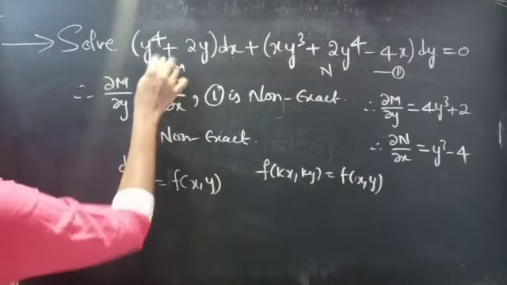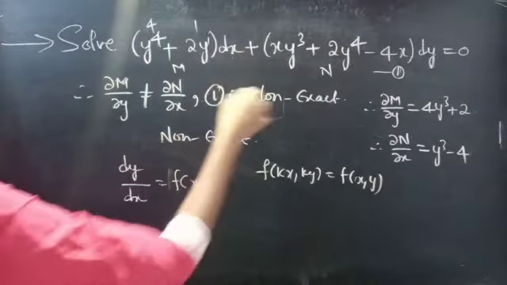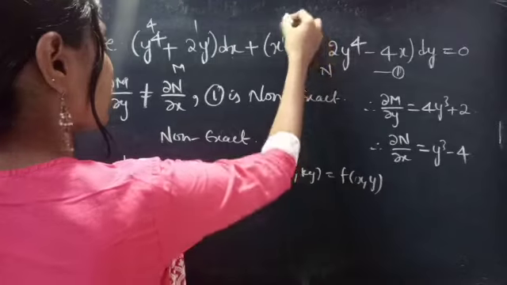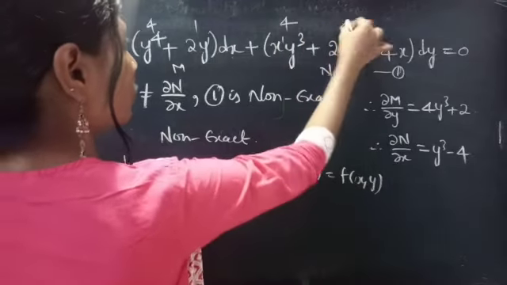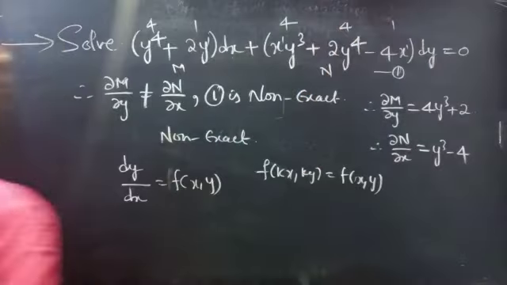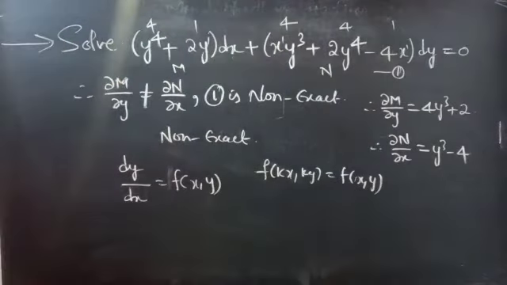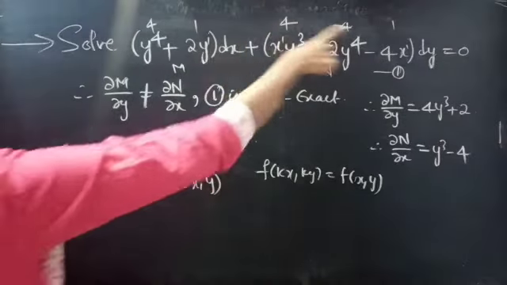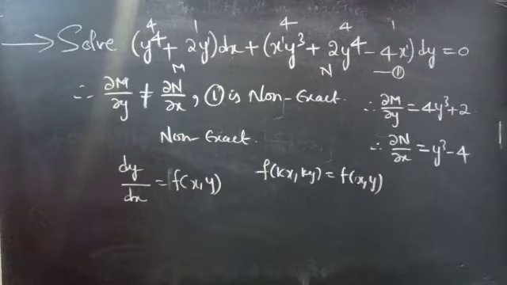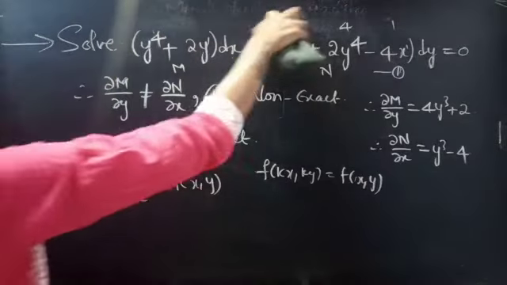So the power of the first term is 4, here you're having 1, here 1 plus 3 is 4, 4, 1, 4, 4, 1. So all the powers are not equal. Since the powers are not the same, from this we can say that the given equation is non-homogeneous.